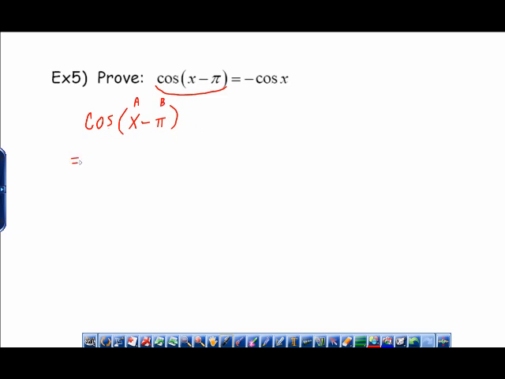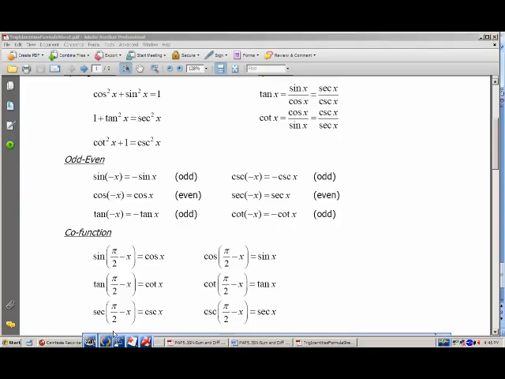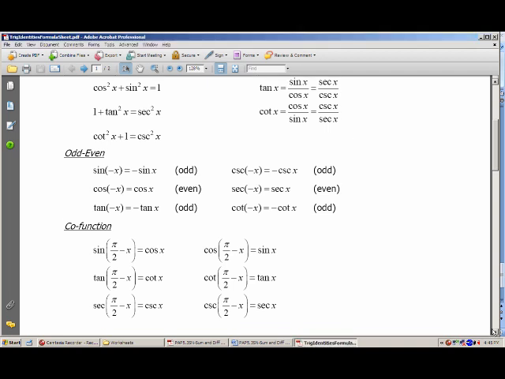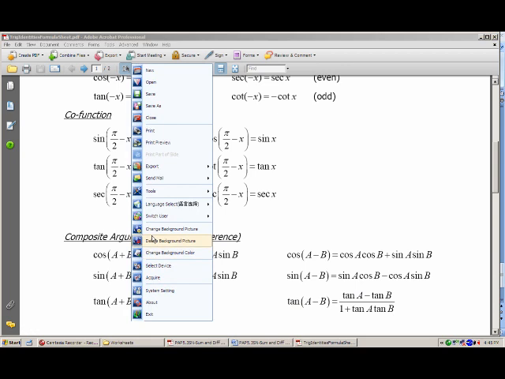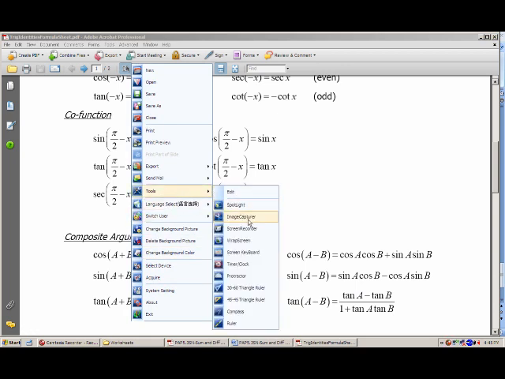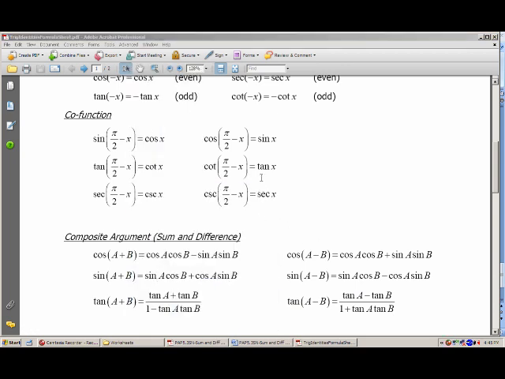So when I apply the property, in fact, when I go over here, we just used this property, but you probably don't remember it, so I'm going to go back and look it up. I'm going to see if I can capture this and put it on my page just so we can see it.